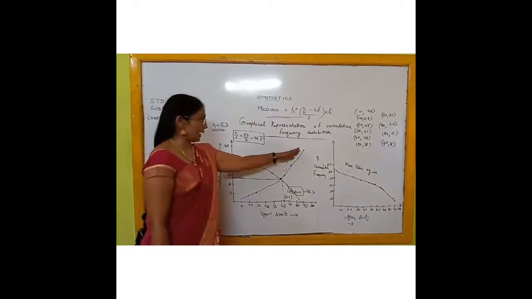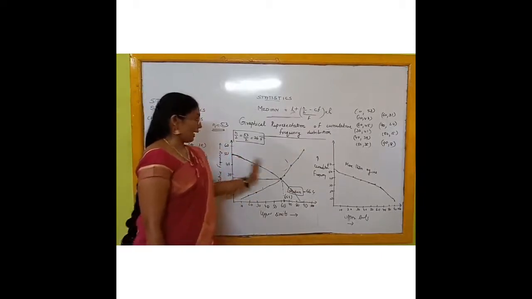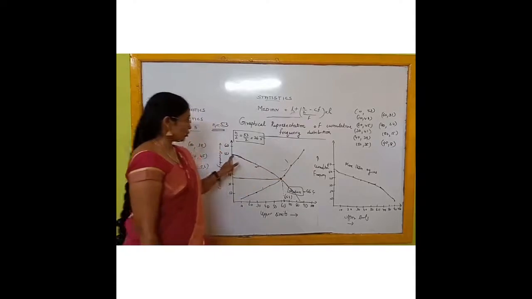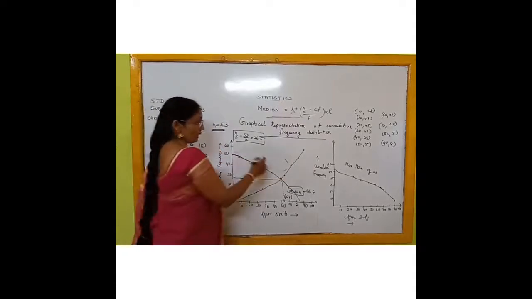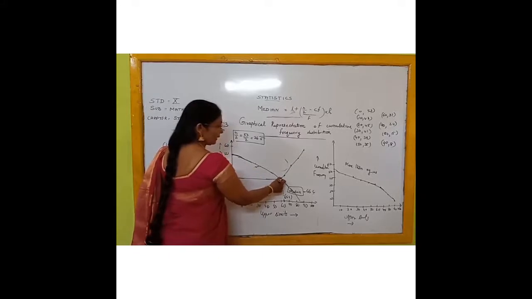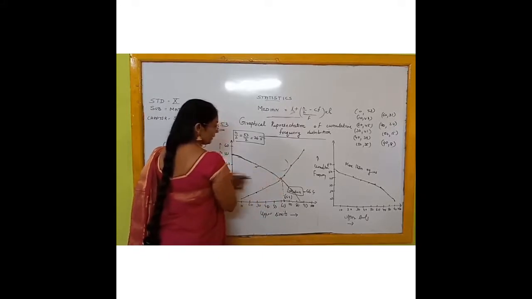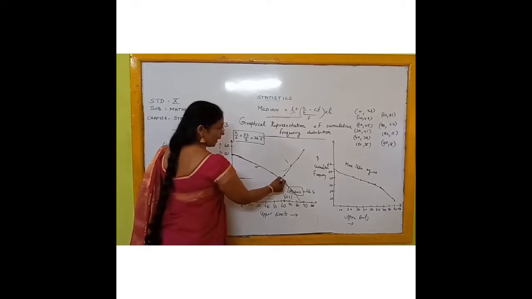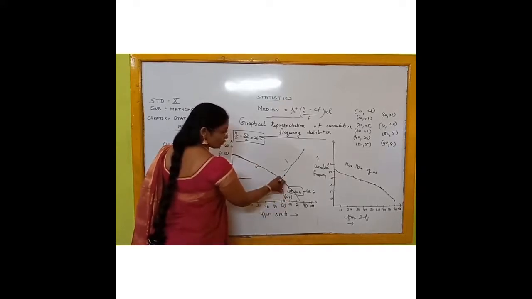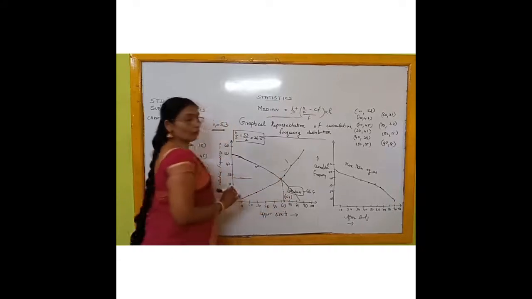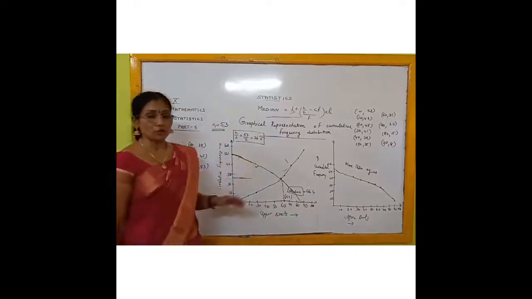Both the less than ogive and the more than ogive are marked on the same graph paper. To find the median, where these two graphs meet, the x-coordinate of that point will be the median of that particular frequency distribution table.